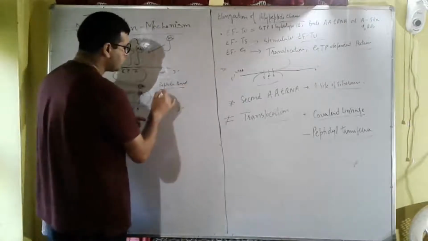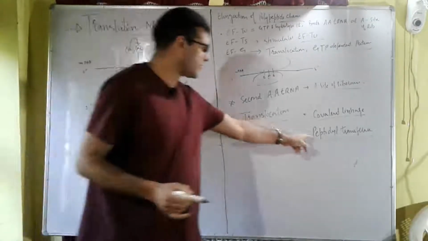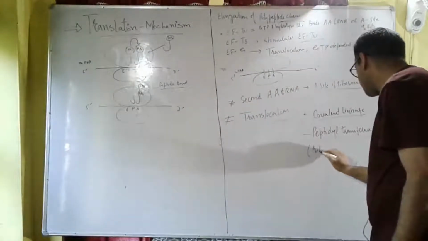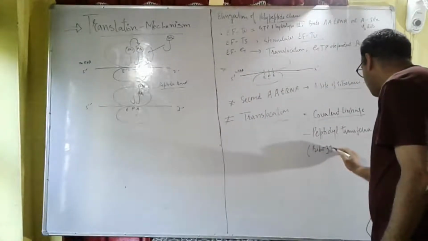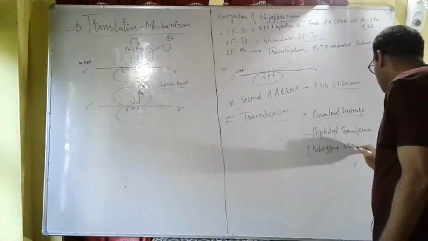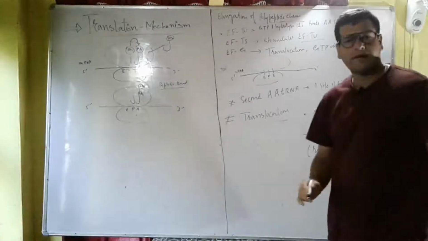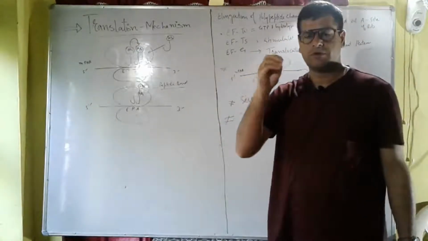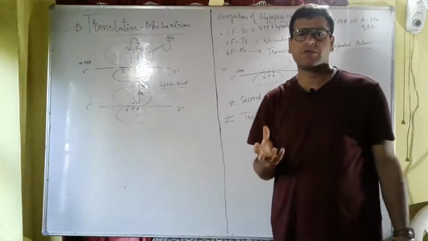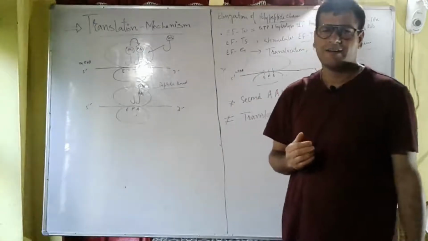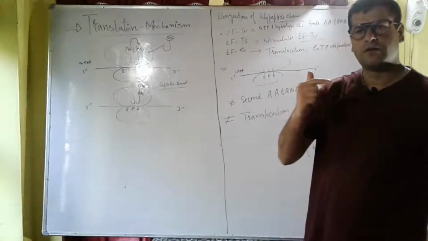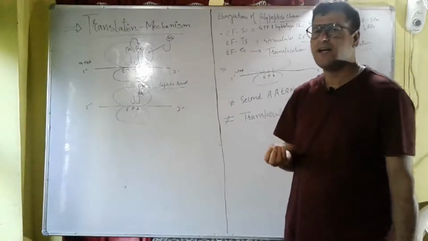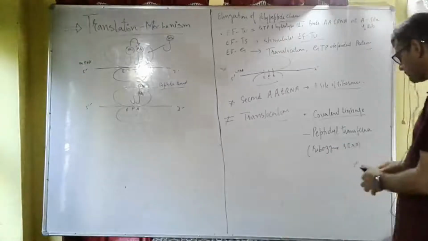This peptide bond is formed by the enzyme peptide transferase. This peptide transferase is an important enzyme. It is a ribozyme, that means it is an RNA enzyme. The RNA of the large ribosomal subunit, the ribosomal RNA, acts as a ribozyme.